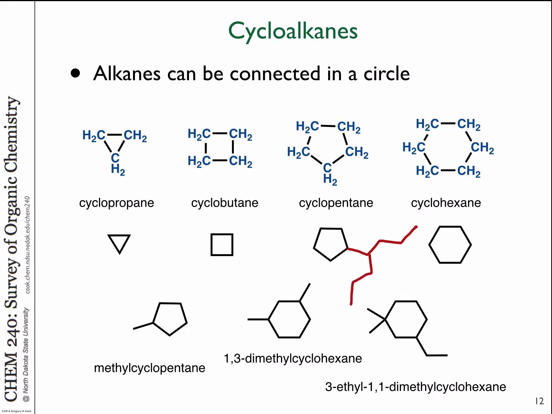Okay, how would you name that molecule? Yeah, it's 7 carbons, so this is a heptane. The ring has 5 carbons, so that's a smaller number of carbons. So heptane is the parent chain.